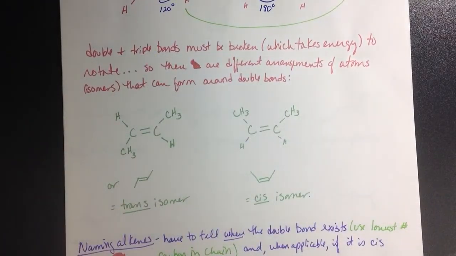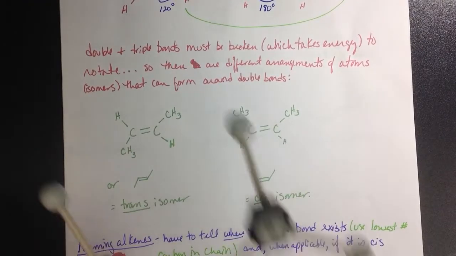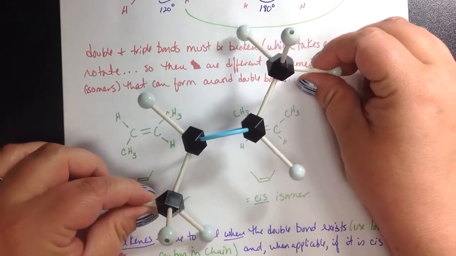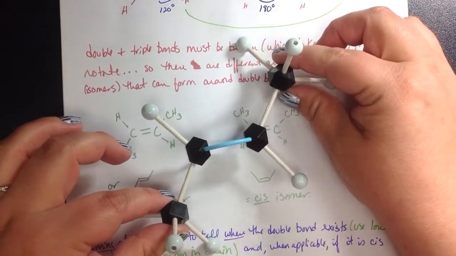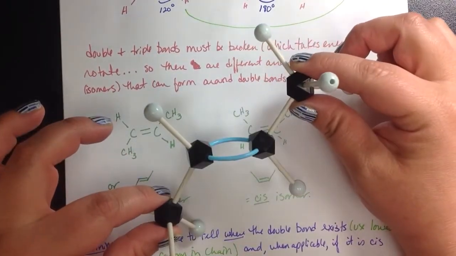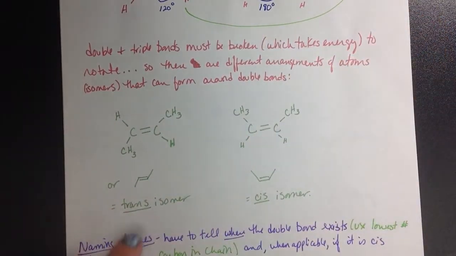Okay? And before, it's the trans isomer. So let me make that again for you. See how that's different? We now have a CH3 and a CH3 on the opposite sides of where that double bond is. That would be the trans isomer.